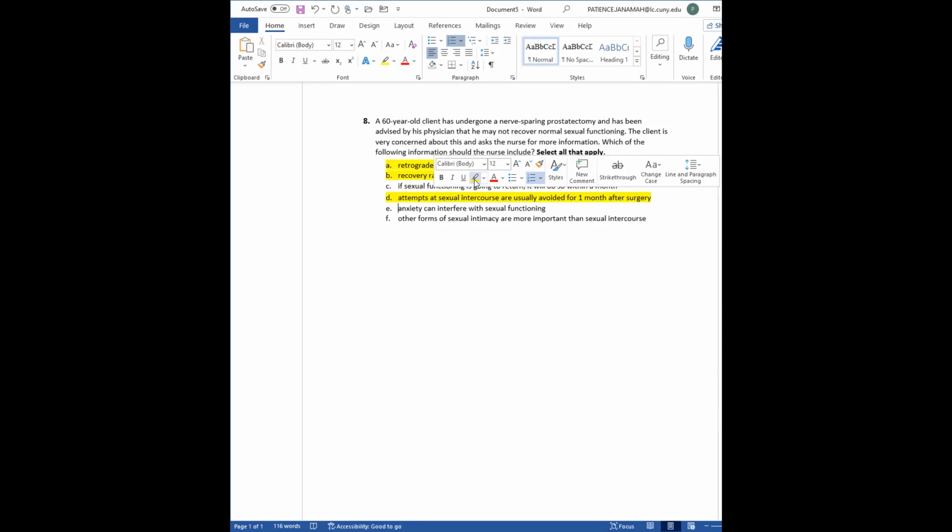Why do you prefer that one over F? What is wrong with the last one, other forms of sexual intimacy are more important? It's not like kissing, cuddling. The main action is sexual intercourse. The scientific rationale is that those are not affected by the prostatectomy.